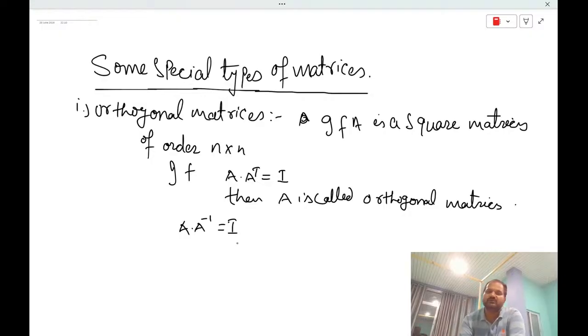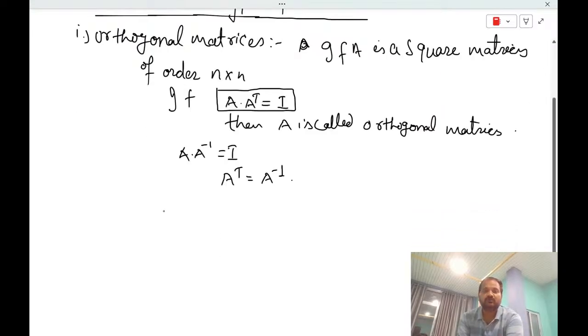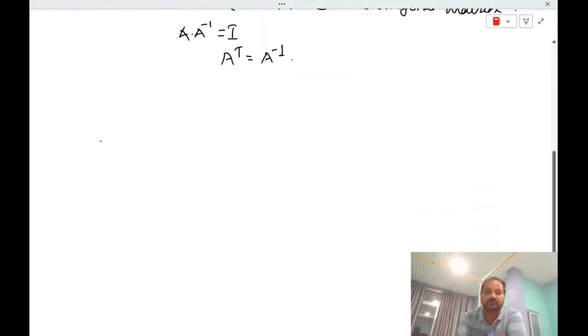So from here we can say that AT, the transpose of A, will be equal to A inverse. So for orthogonal matrices, the condition is that if the product of matrix A and its transpose is equal to the identity matrix, it is called an orthogonal matrix.